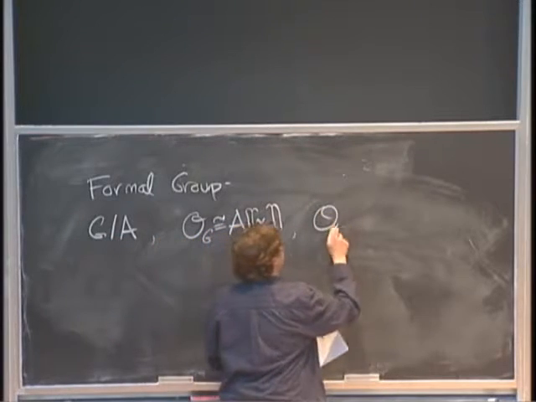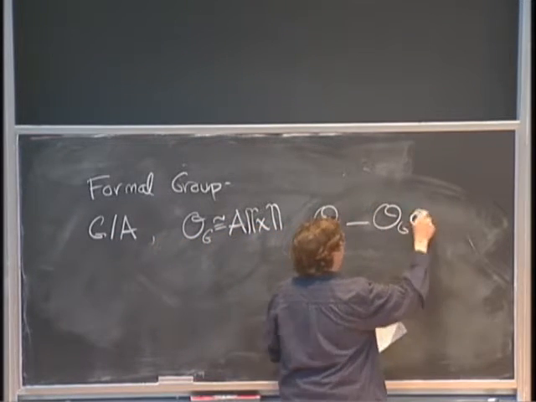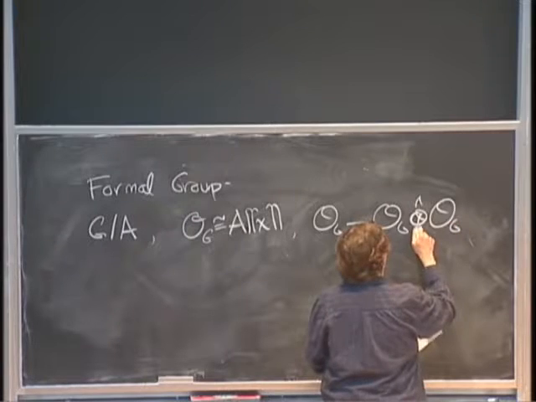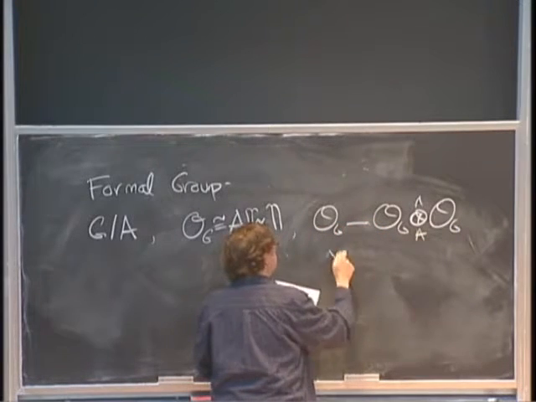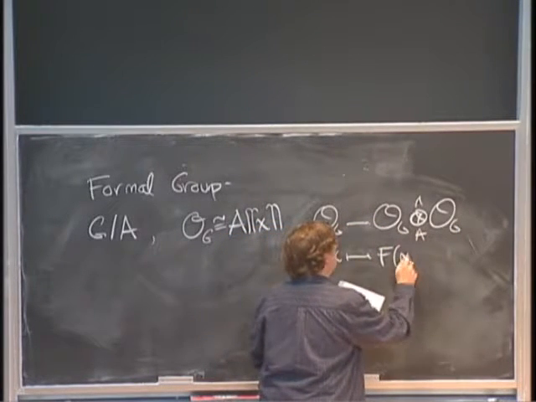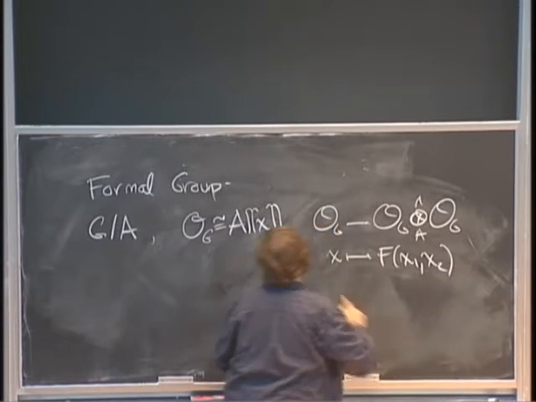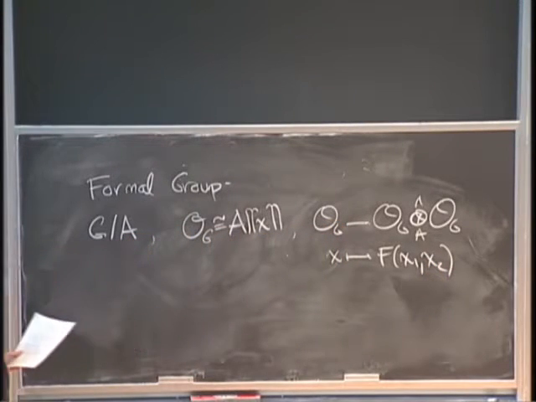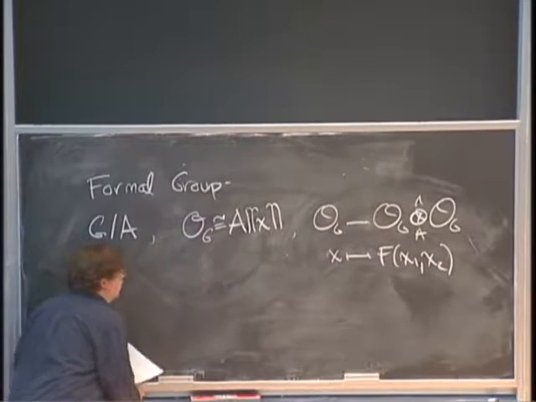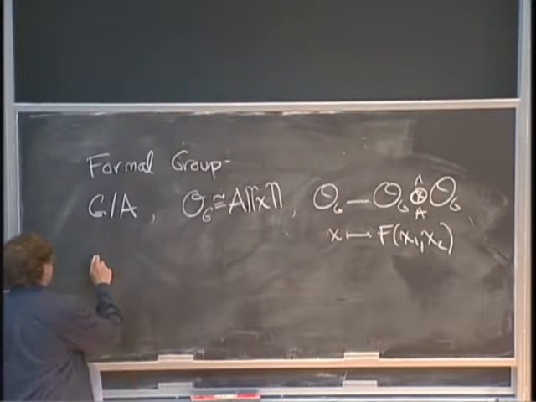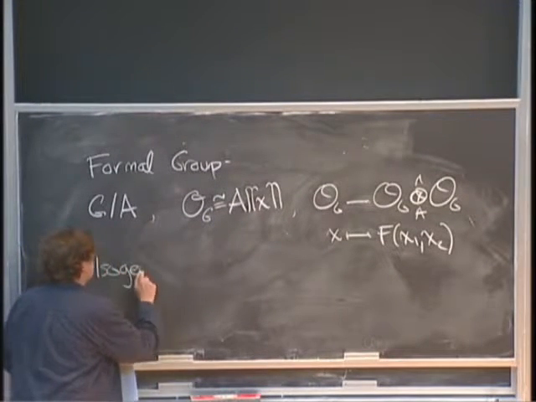You know, it's a coalgebra. And this is how you get the formal group law from a formal group, by picking a coordinate on it. Okay. So the key thing I need to tell you is what an isogeny of formal groups is.